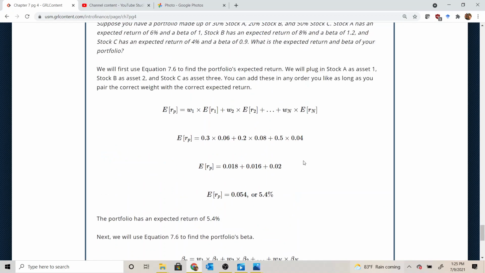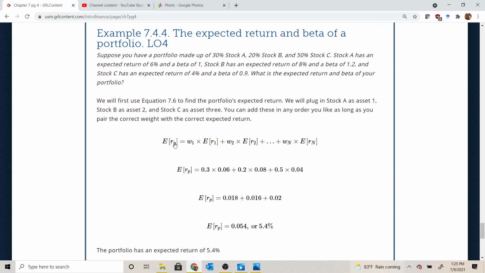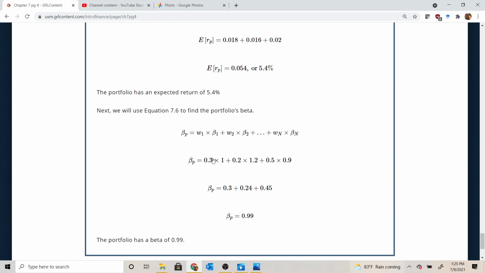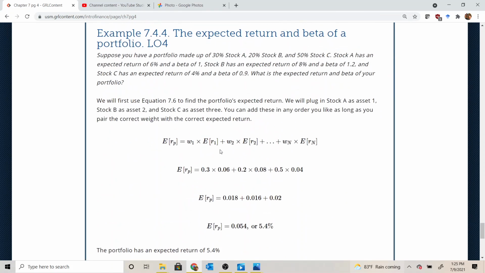So what we can do now is calculate the portfolio's expected return as a weighted average and the portfolio's beta, or risk, as a weighted average. A weighted average is where we just take the weight of the particular asset. In this case, let's say we're calculating the expected return. We'll take the weight in asset 1, or stock A in this case.